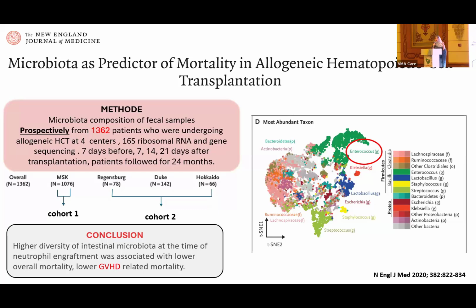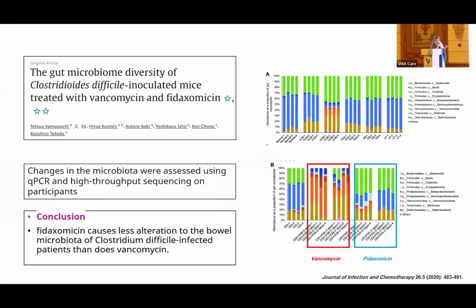They studied the gene sequences, or the metagenomics, and found a very interesting finding: the lower the diversity of the microbiome, the higher the dominance of Enterococcus, and since 2015 until now, studies show that vancomycin is increasing the risk of Enterococcus infection, bacteremia, and colonization. So the conclusion of this study is that the higher the diversity of the microbiome, the lower the risk of graft versus host disease.